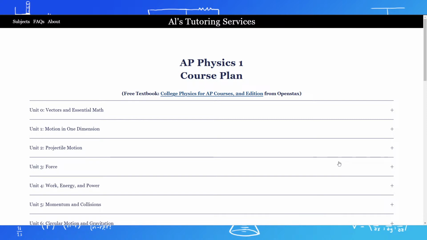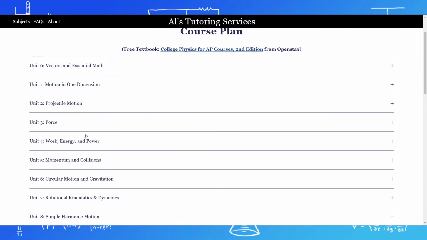So it'll probably be, I still haven't fully planned it out, but it will probably be just covering multiple chapters at once, because I don't think the calculus is going to take too long for each of these chapters individually.